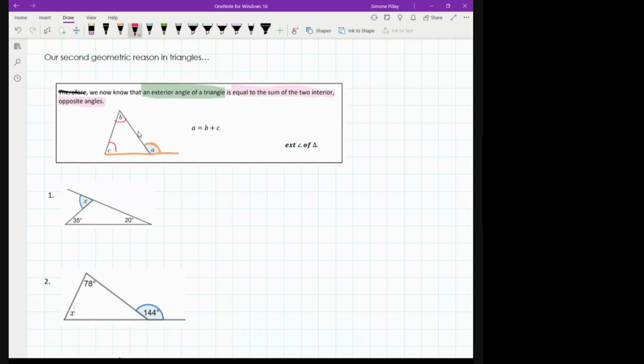When we talk about opposite, we're talking about the other two angles in the other corners of my triangle. So, what is the same? It's saying that my exterior angle of a triangle, which is A in this case, is going to be equal to the sum of my interior opposite angles, and that is B and C in this case.